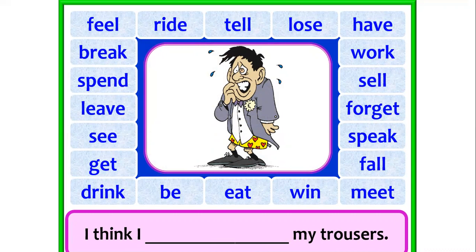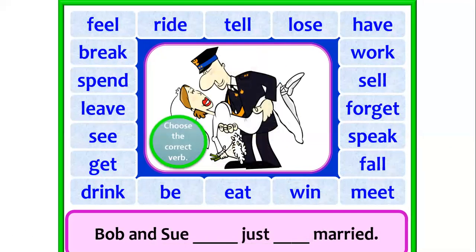First, we're going to use the helping verb have because we here have the subject I. So I think I have, excellent, forgotten my trousers. So we're going to choose the verb forget and put it in the past participle. So it's going to be I think I have forgotten my trousers. Very good.